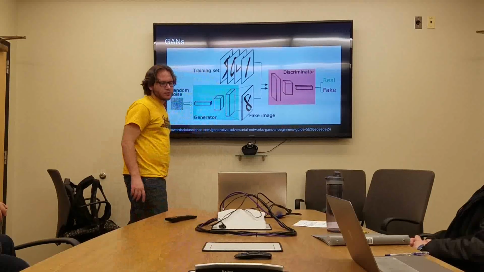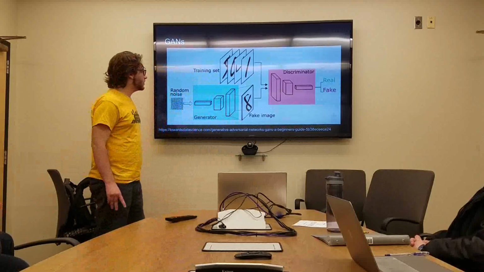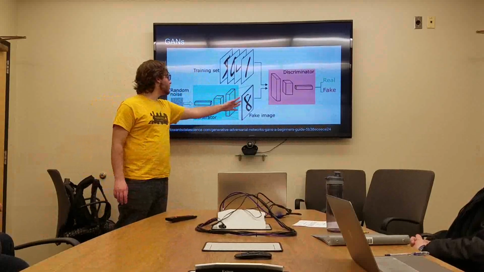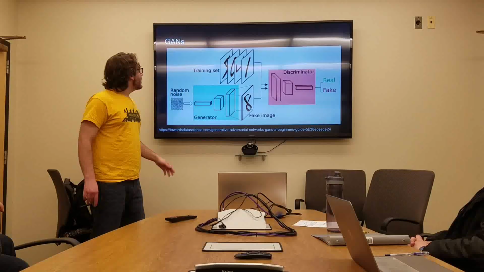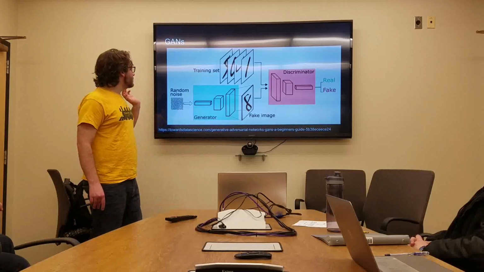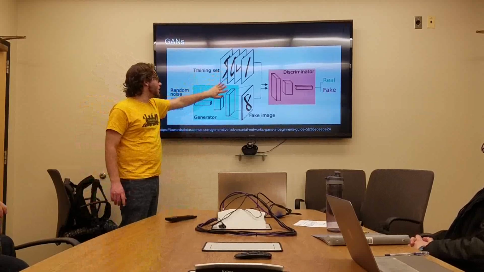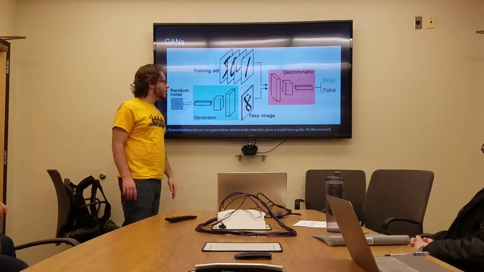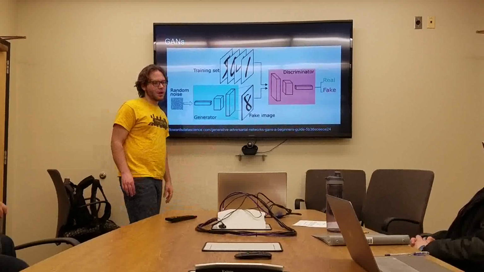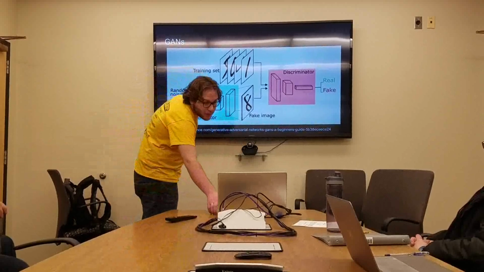There's a more detailed look at it where you see it's also using these up convolutions a lot of the time. Our training data is both going to be from the actual training set and the generator training set, and the discriminator just has to classify whether it's real or fake.